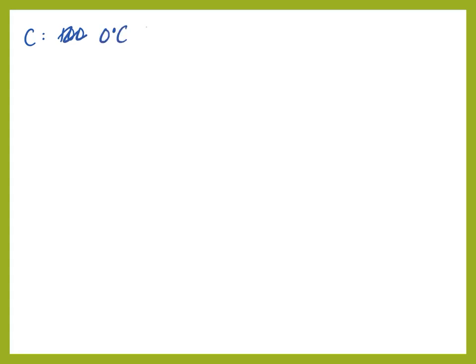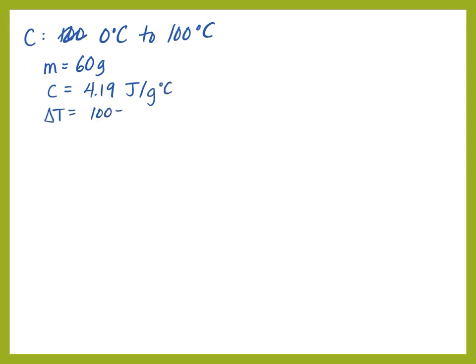And then the next section was as a liquid going from 0 degrees Celsius to 100 degrees Celsius. Once again, mass is still the same, 60 grams of liquid water now. The specific heat capacity of liquid water is 4.19 joules to raise 1 gram of a substance by 1 degree Celsius. And our delta T was 100 degrees Celsius.